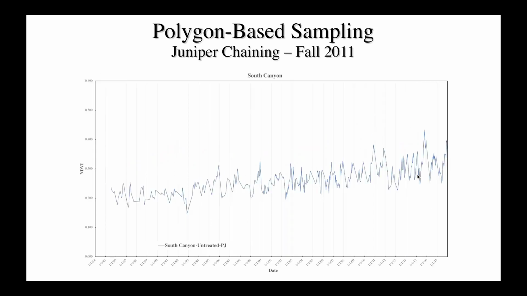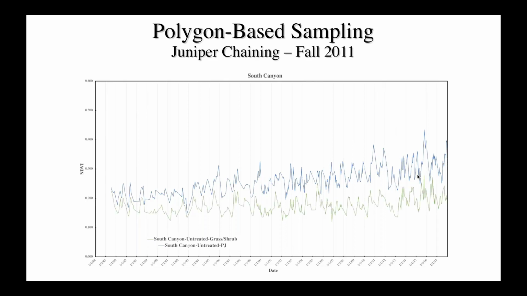This is another site south of the previous site, showing pre-chaining of a juniper site. This is a medium density juniper site. This is a grass site. The green line is a grass environment that never really had much juniper in it, just mostly grasses and shrubs.